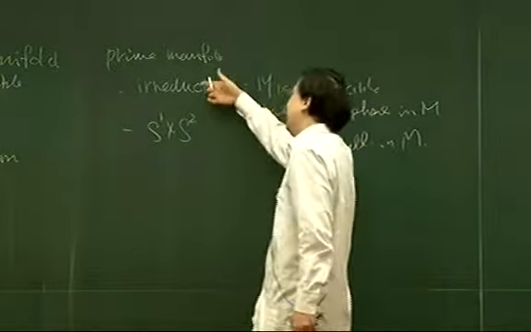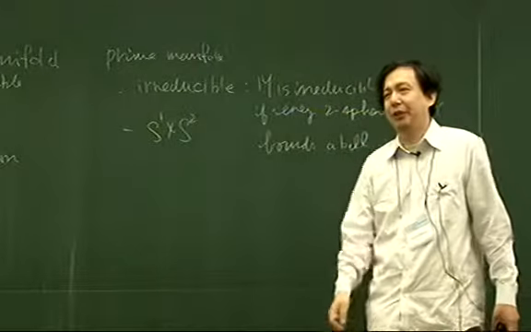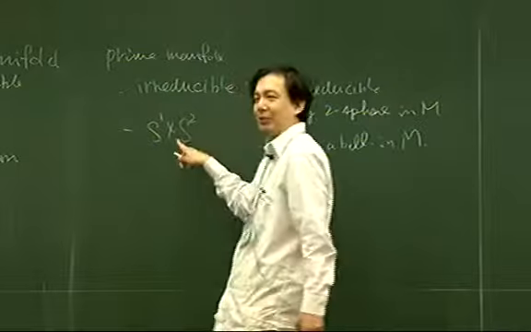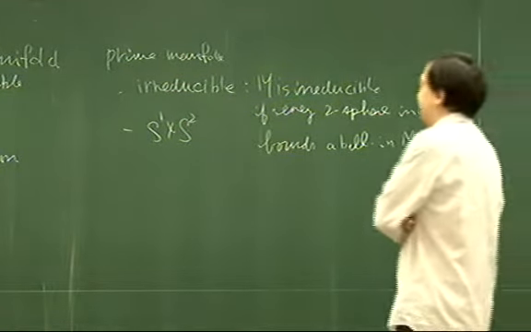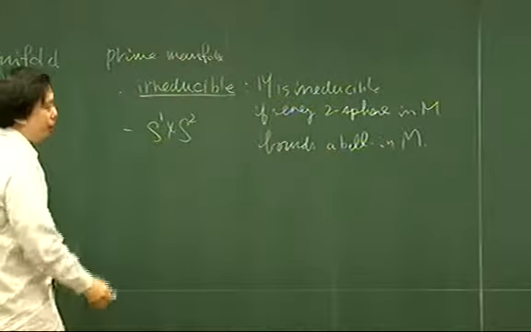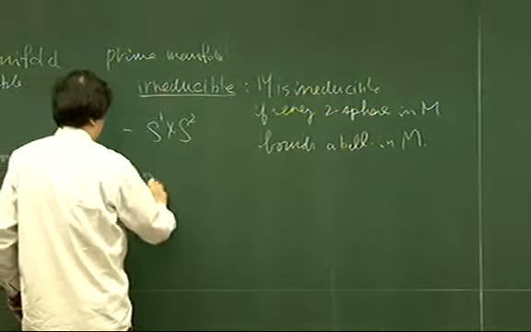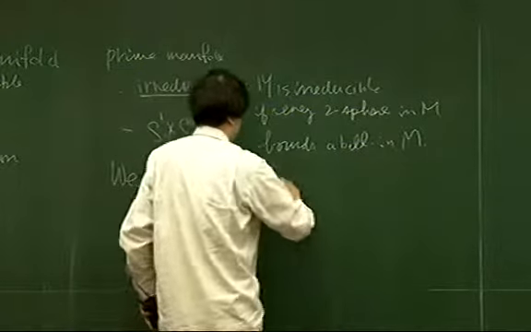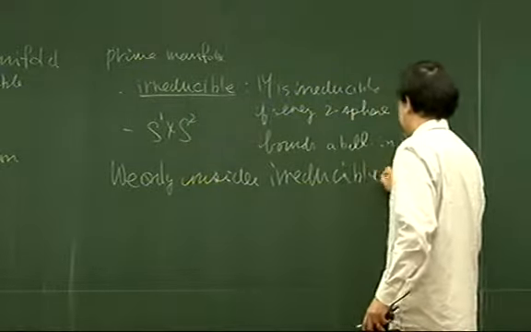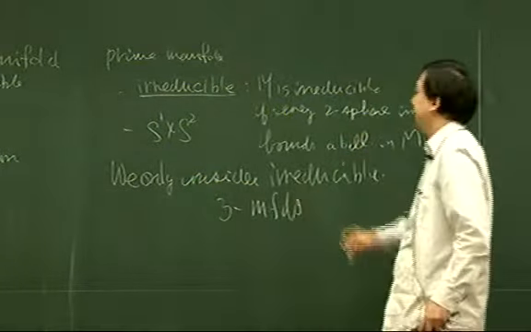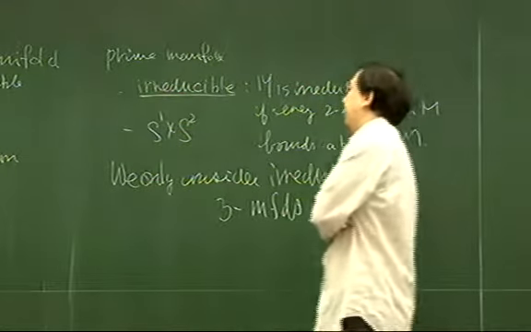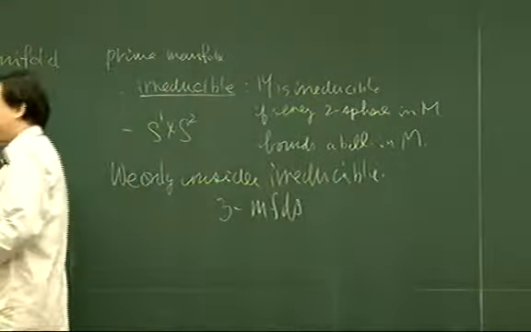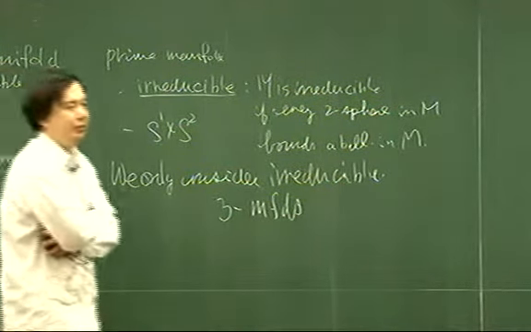And because a prime manifold is either irreducible or S1 times S2, and we know well about S1 times S2, it will be sufficient to consider irreducible ones. So from now on, we only consider irreducible manifolds. We may allow M to have a boundary in general, but we assume they're compact.